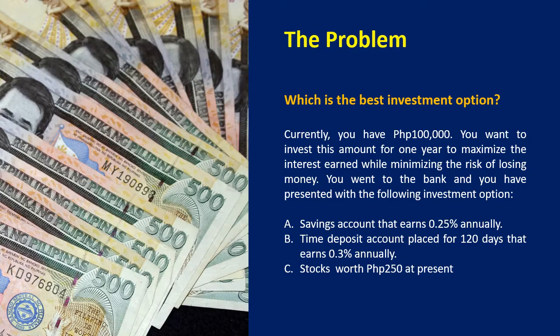First, you will invest it in a savings account that earns 0.25% annually, or in a time deposit account placed for 120 days that earns 0.3% annually. Or lastly, you will buy stocks worth 250 pesos per share at present.